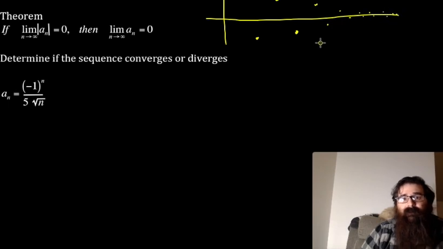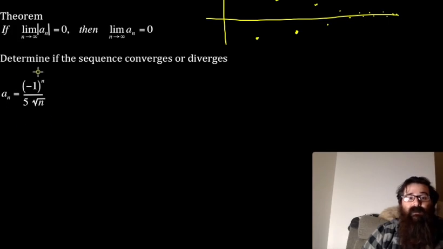You'd say, well, it's still headed to 0, right? It just jumps around from positive to negative. So if I have something that alternates its sign, like here a sub n is -1 to the power of n, divided by 5 times square root of n, we'll throw in an absolute value and still look at the limit as n goes to infinity.